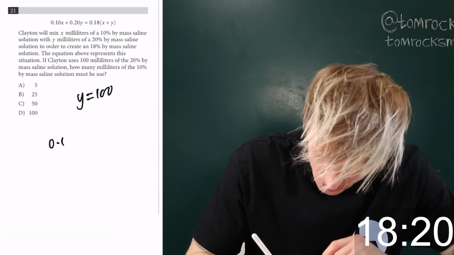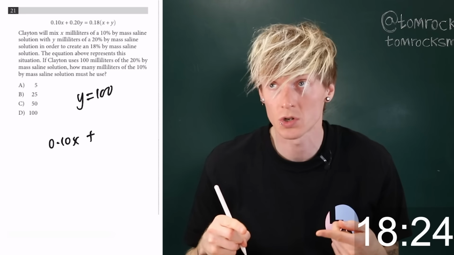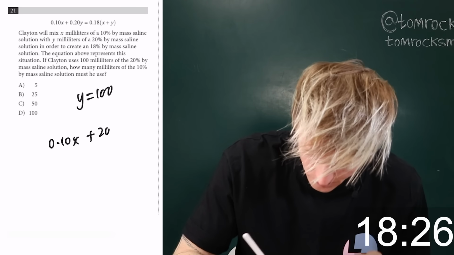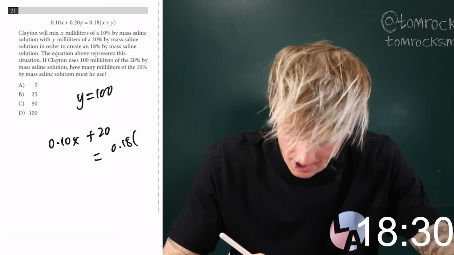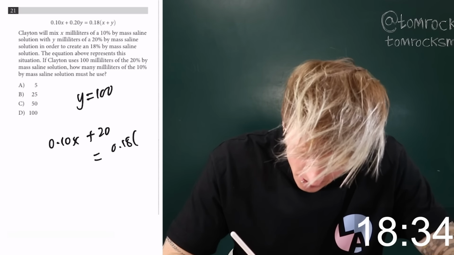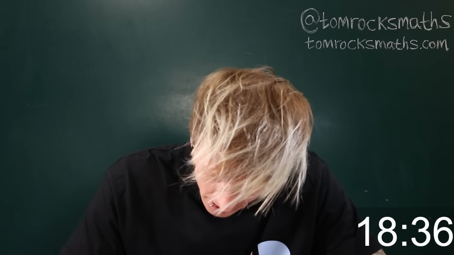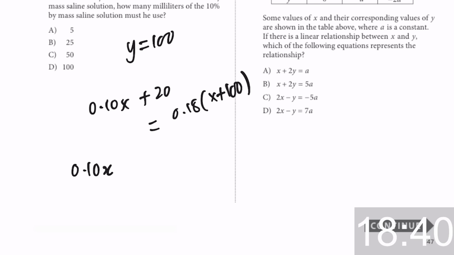So 0.10x plus 0.2 times 100, so that's plus 20, must equal 0.18 times X plus Y. I don't know x, but I know that Y is 100. So 0.10x plus 20 equals 0.18x plus 100 times that, so plus 18.